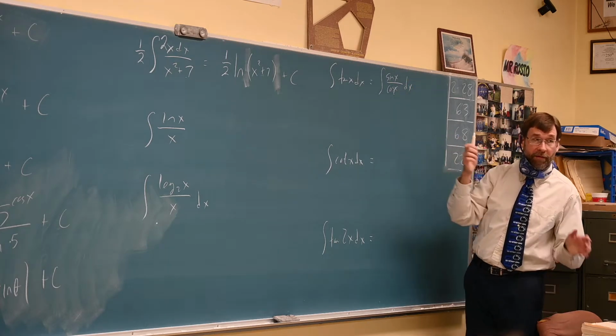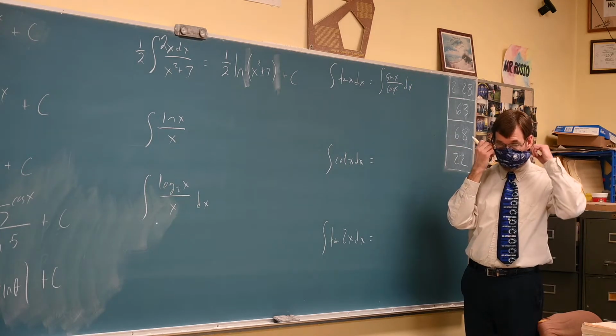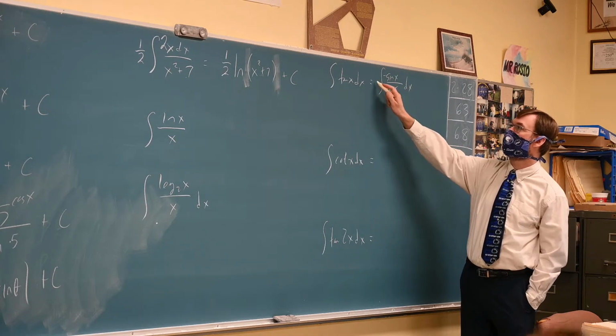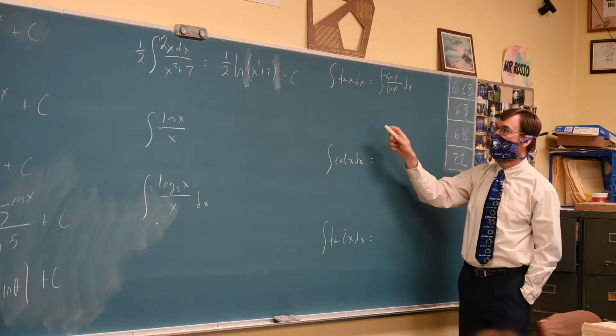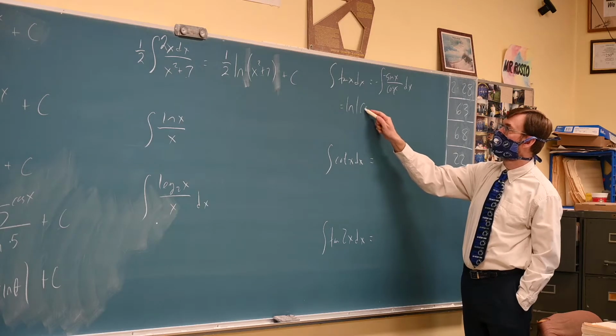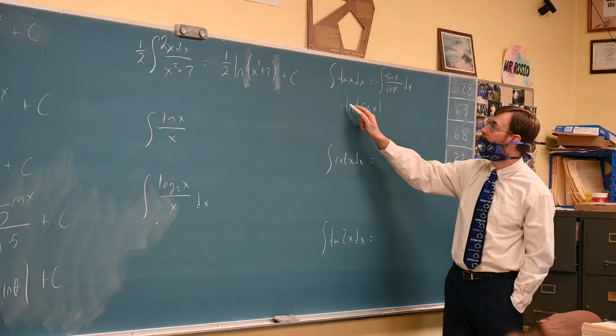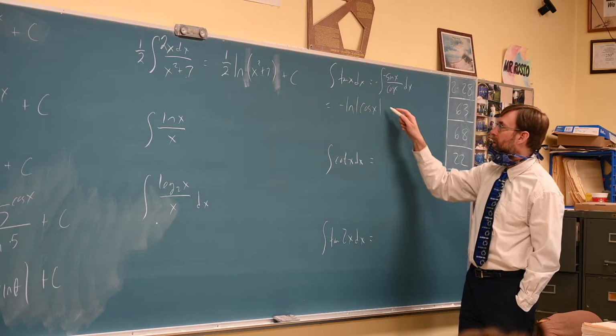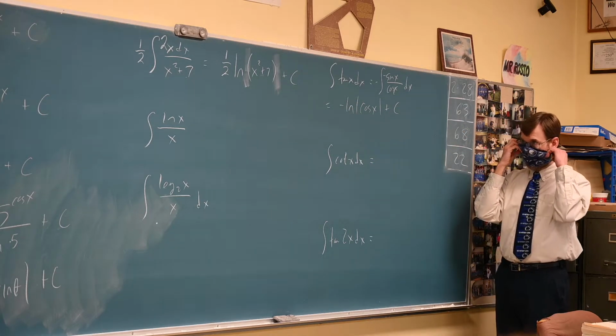Is it perfect or is it a little bit off? It's a little bit negative. So if we had a negative, we could pay for it with another negative. This is going to be the logarithm, bars, bottom. Well, I should get a negative in there. Plus a c.